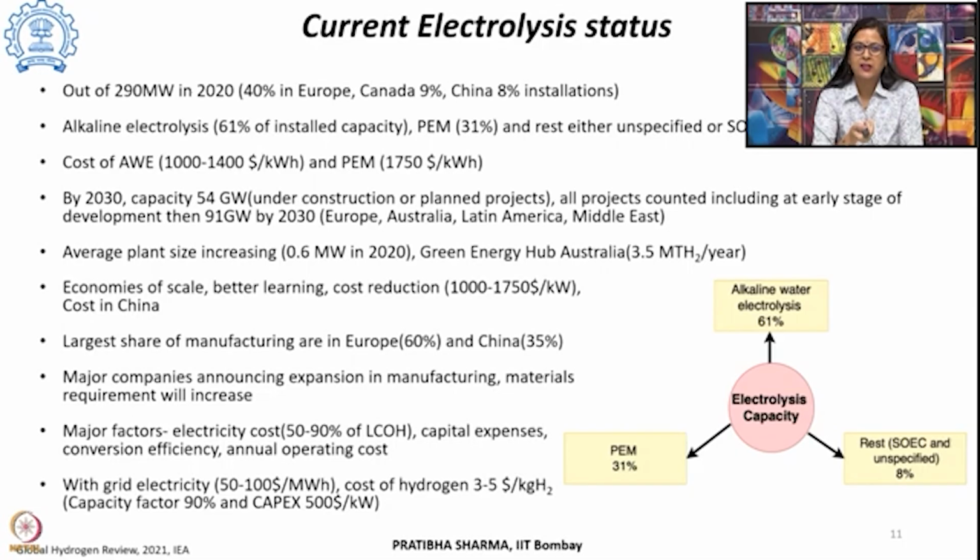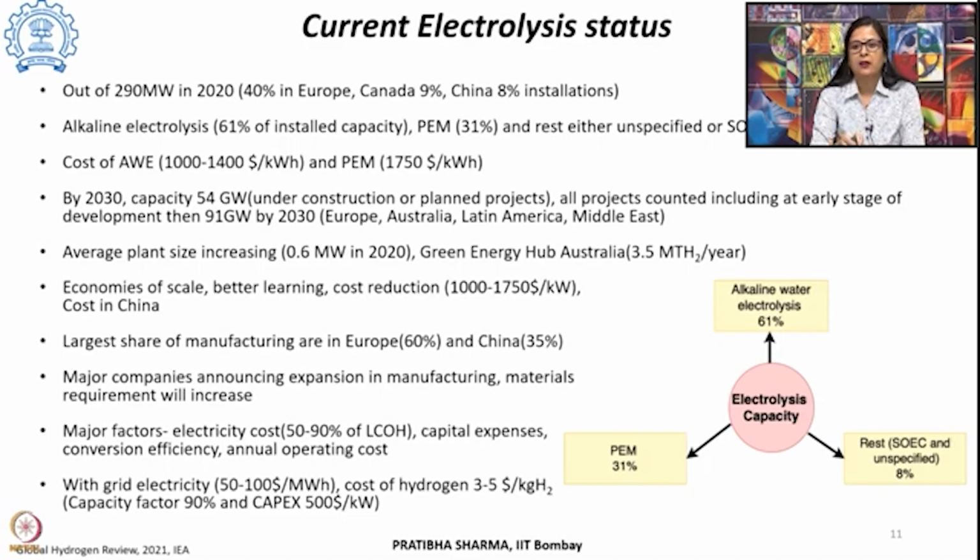It has also been seen that the average plant size over a period of time will increase. Currently the average plant size of an electrolyzer is roughly about 0.6 megawatt in 2020, but now there are projects coming up which have a plant size of 100 megawatt. There are plants which are even planned which will have a capacity of 1 gigawatt.